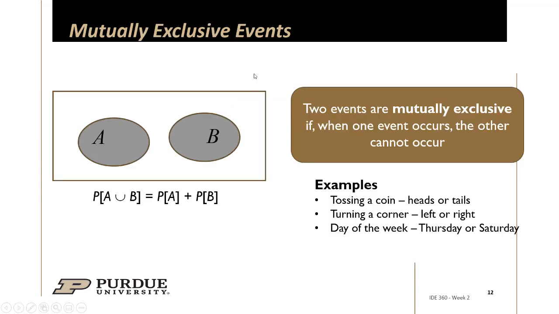So moving forward with the definitions, when we talk about mutually exclusive events, it means that when one event occurs, the other cannot occur. And the probability of the union for that will be just the sum of their probabilities. Examples, tossing a coin will be either heads or tails. They cannot happen at the same time, so they are mutually exclusive. And in this case, they actually sum up for the universe of possibilities.